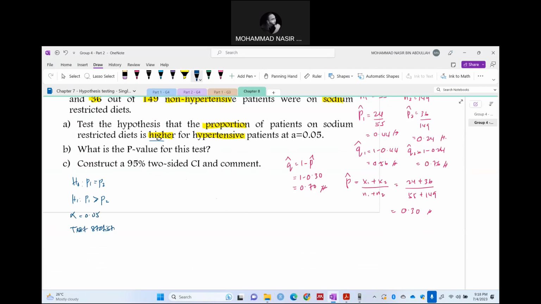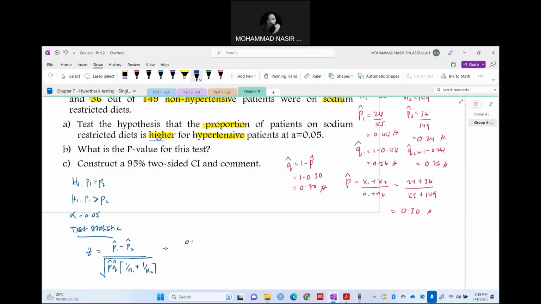So this is a proportion case. So we are using Z test, P1 hat minus P2 hat, divided by the square root of P hat Q hat times 1 over N1 plus 1 over N2. It's supposed to be the standard error.